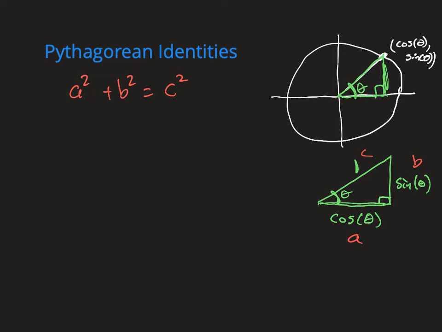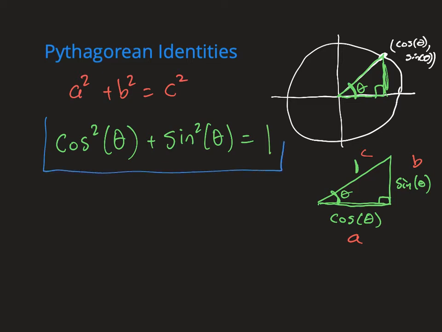So instead of A squared, that would be cosine theta squared, which we usually write as cosine squared theta. And instead of B squared, that would be sine of theta squared, which we write as sine squared theta. And then the C squared would just be 1 squared, which is 1. And this right here, this is our Pythagorean identity.